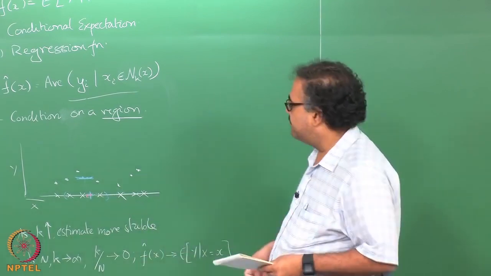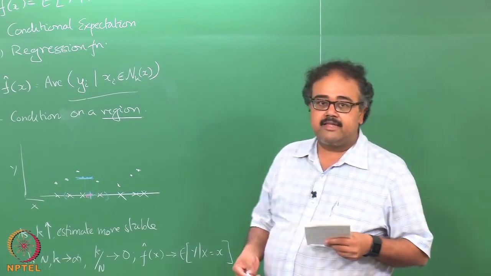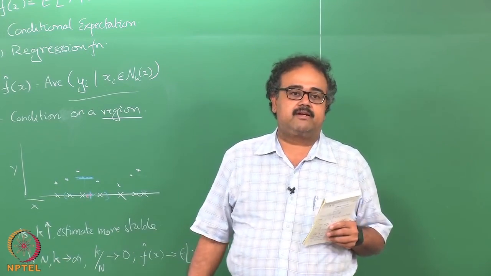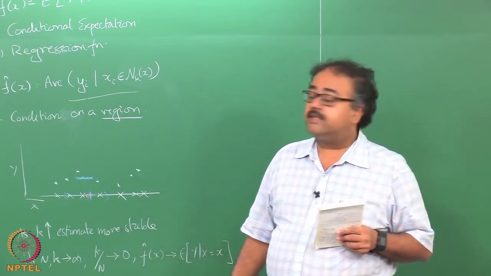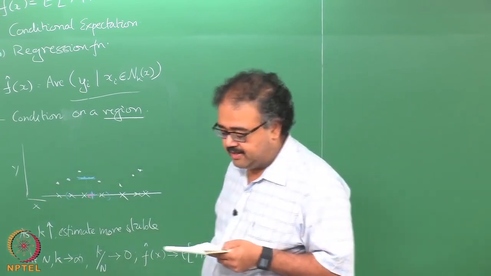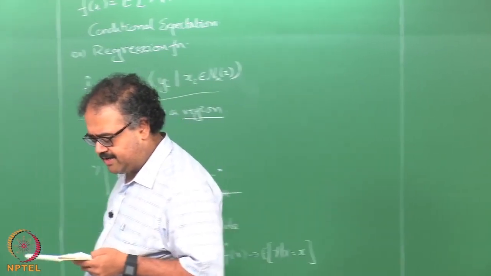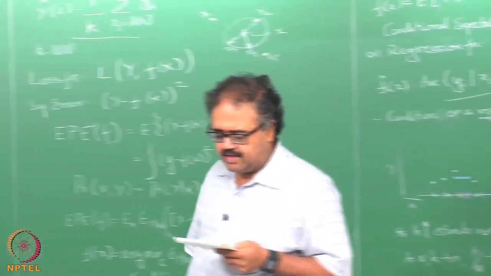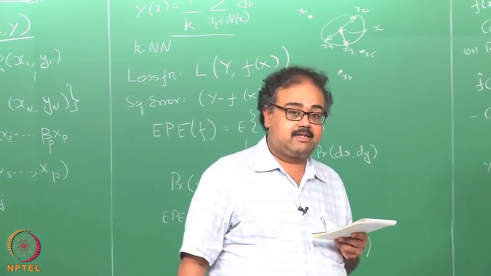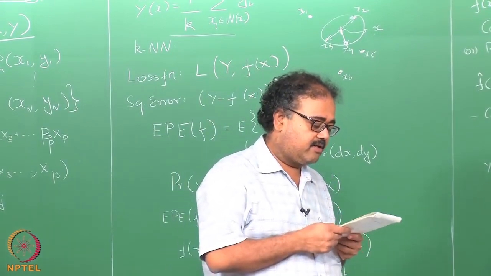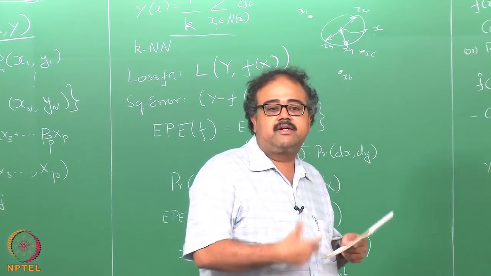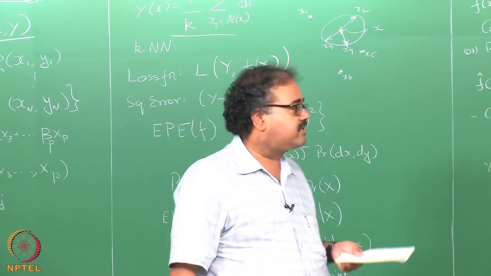So, if p is large, if the dimension of the input is large, if you have like a 10,000 dimension vector as your input, then using k nearest neighbors is not really a good idea. Alternatively, you should also remember that in some cases having a little bit of a bias is actually not a bad thing, and therefore we have to look at an appropriate way of representing the function f.